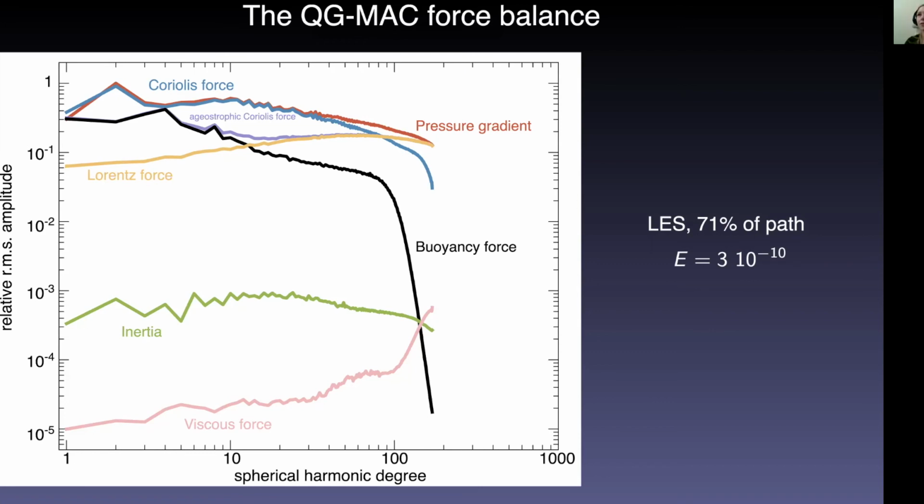Okay, so Peter Driscoll has another question. Yes, thanks for that great talk. It's nice to see that the force balance along the path is doing well. My question is along the lines of Uli's, criteria for Earth-like dynamos.